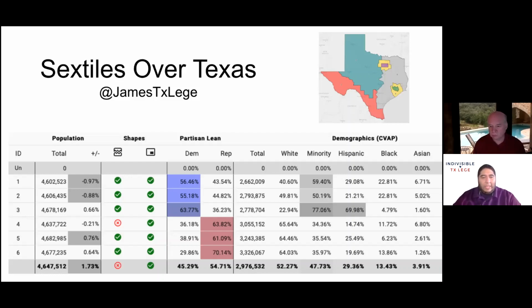So in the top 3, the white percentage is under 50% and there are larger shares of minority groups: Hispanic, Black, and Asian. And then when we look at the bottom 3, over 60% of the population is white.